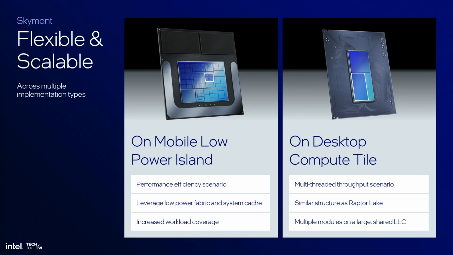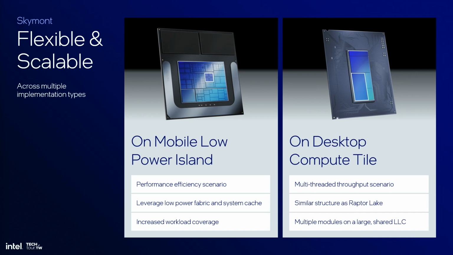As I mentioned to begin with, our goal is to run as many workloads as we can on that, because the low power island, as you heard in the keynote and the Q&A, is not running a ring and not running a P-core. We're close to memory. We now have a system cache, a memory side cache, so that's also new versus Meteor Lake. So now we have more cache and we can be power efficient.